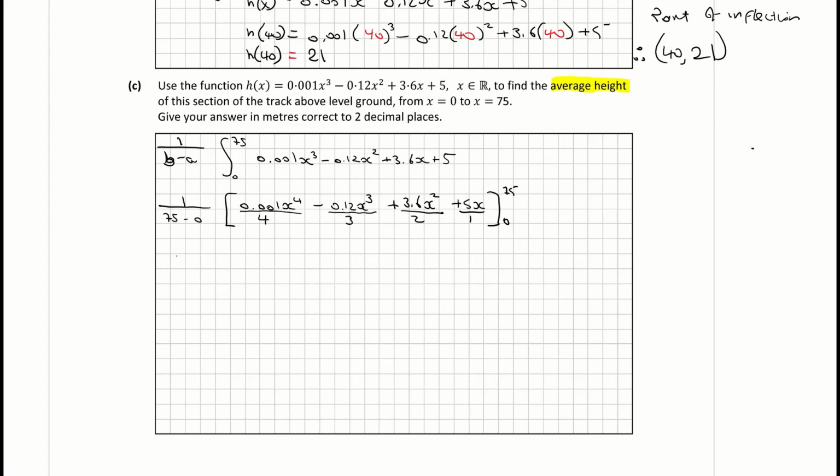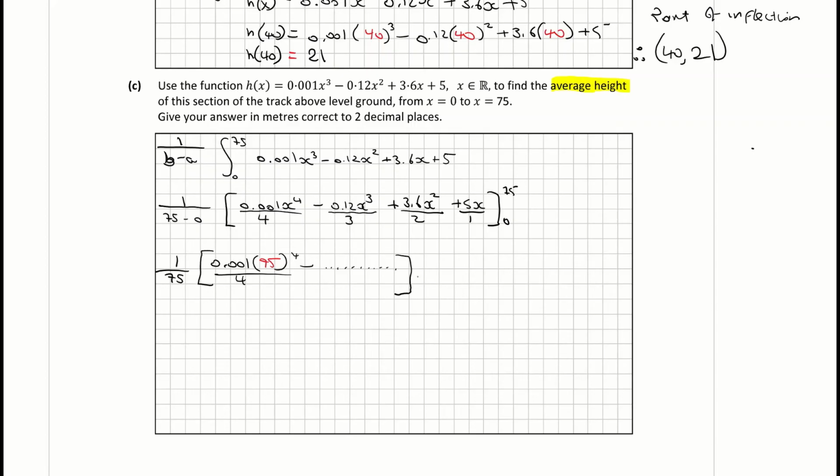So that is giving me 1 over 75. And I'm going to do a little bit of shortcuts here if you don't mind. What I'm doing here is 0.001 times 75 to the power of 4 all over 4 minus, and so on and so on. I'm basically subbing in 75 for x.